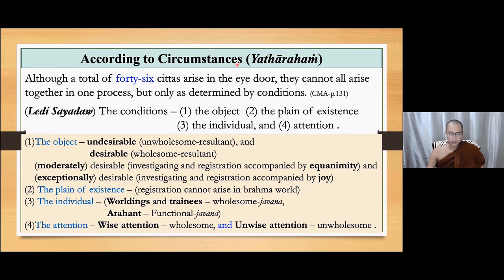So here, the word used, yathalabham in Pali, means according to the circumstance. Although the 46 can arise in each door, the 44 are the same, but they cannot arise at the same time in one process.